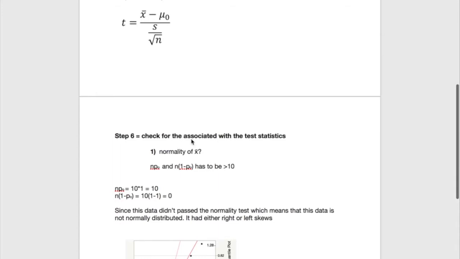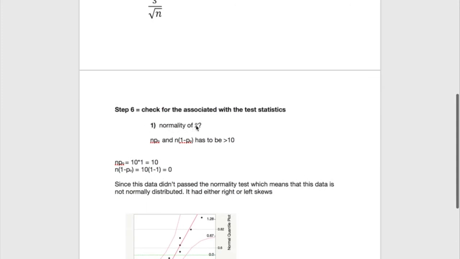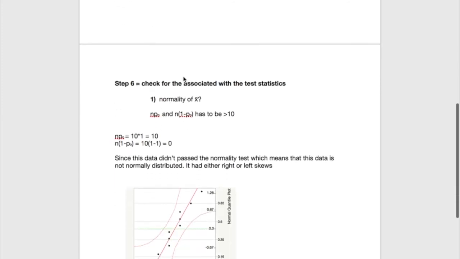It's important that we check that everything is normal, so we have to do the normality test of x bar, the mean. Since our sample size is less than 30, we have to check that n times p sub 0 and n times (1 minus p sub 0) both have to be greater than 10, otherwise we say that our data is not normally distributed.